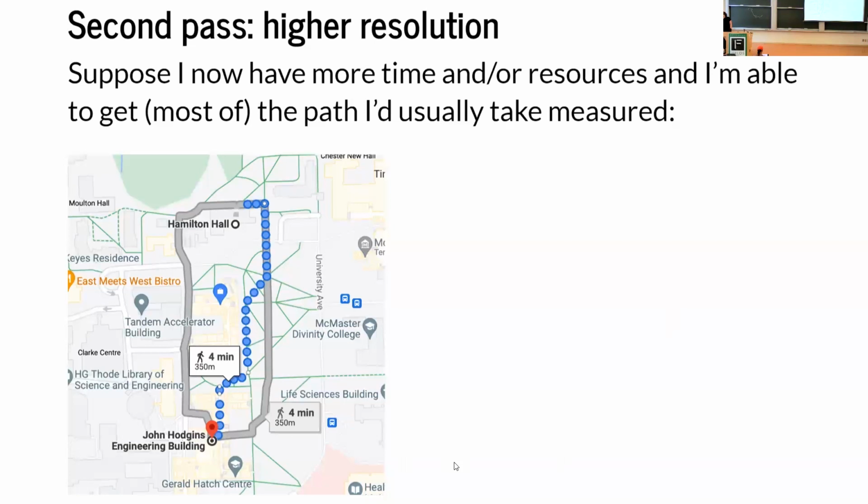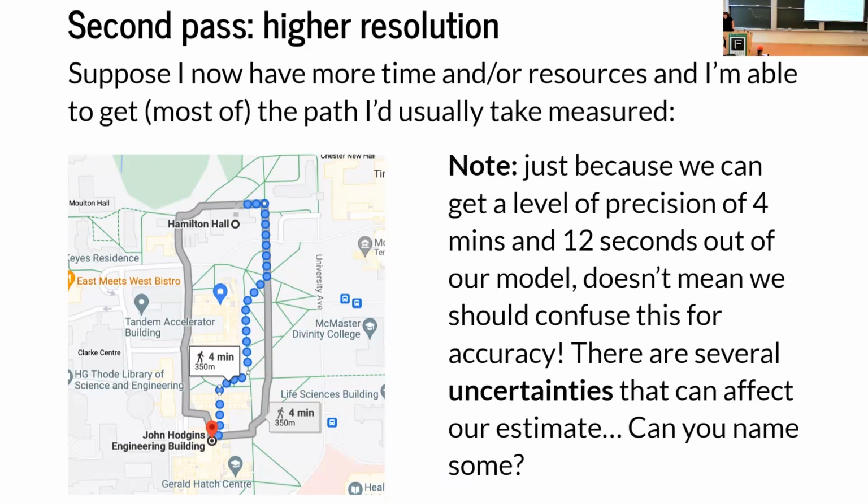Now, we've run through this specific example. Let's dig a bit more into the modeling process. Oh, or we can just do this instead. So my calculation gave me enormous precision. I was able to say 4 minutes and 12 seconds. But we have to be careful not to confuse that for accuracy.